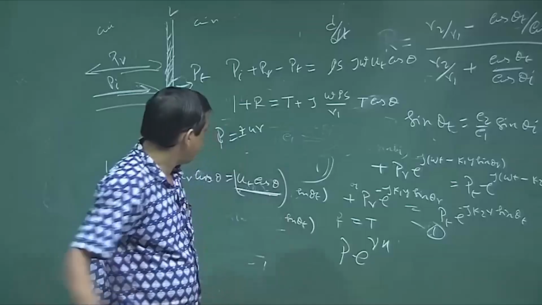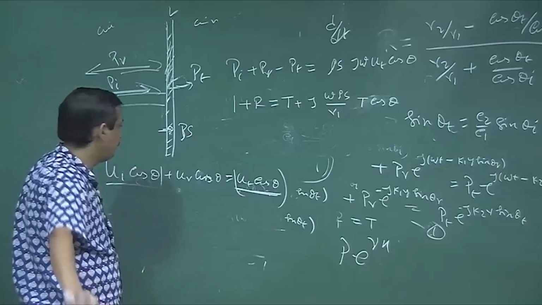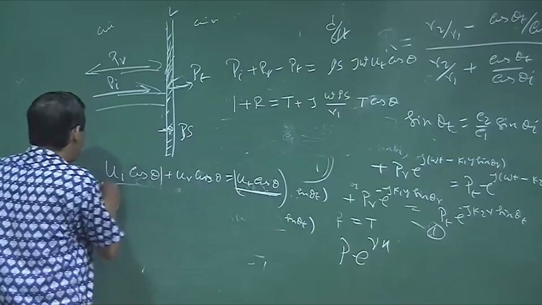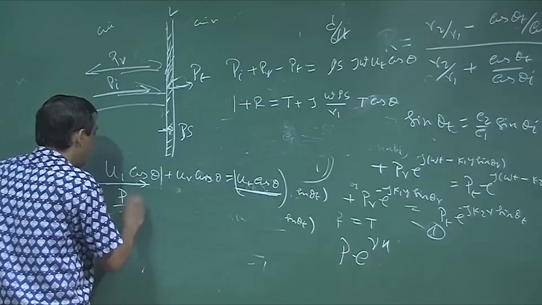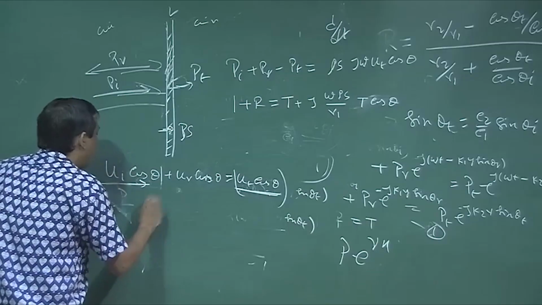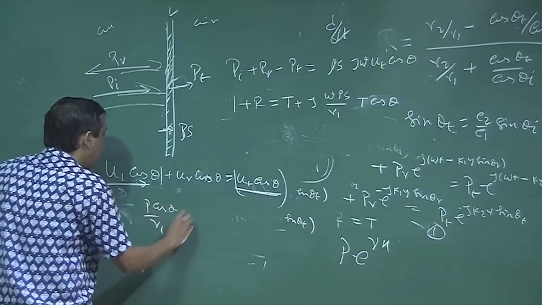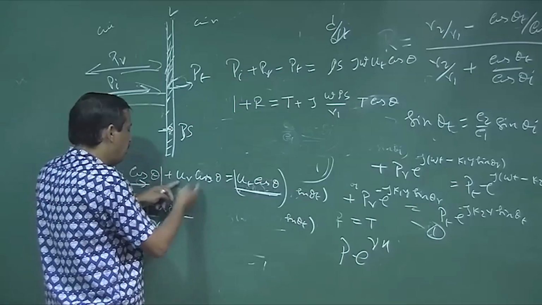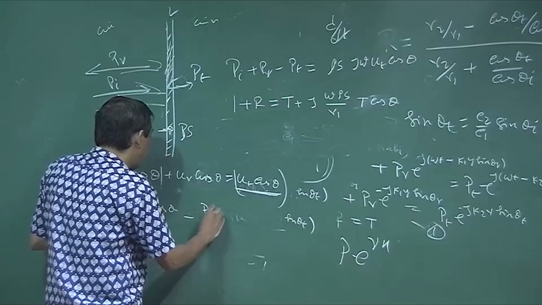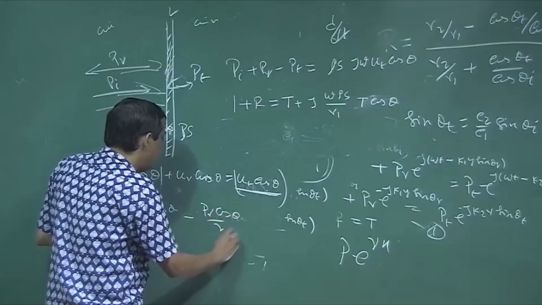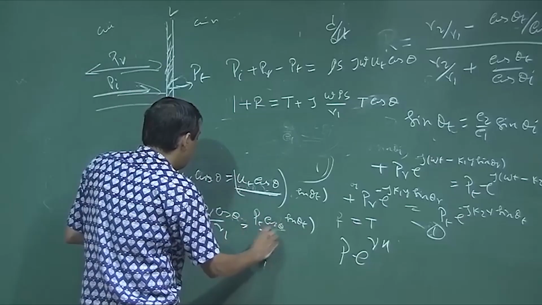Now, from here, U is converted into P by R1. So, I can say Ui cos theta is Pi cos theta by R1 plus, since it is the reflected wave, it will be negative, Pr cos theta divided by R1, equal to Pt cos theta divided by R2.